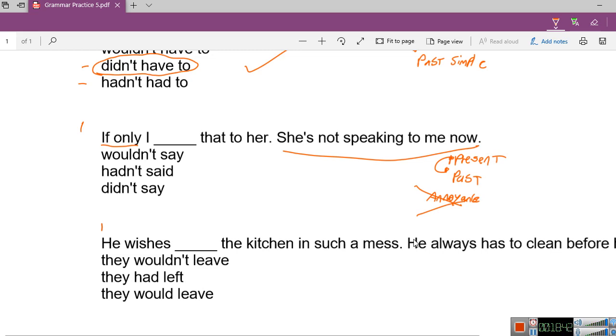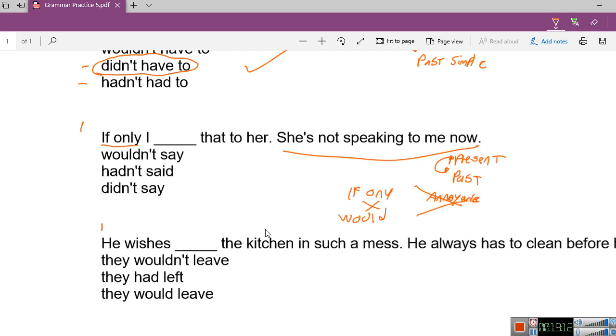If only I wouldn't say... Remember, I cannot use would with if only. If only does not go with would.